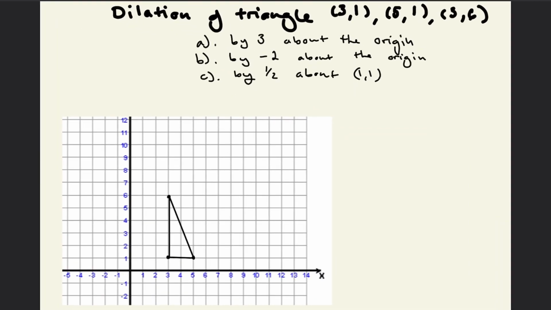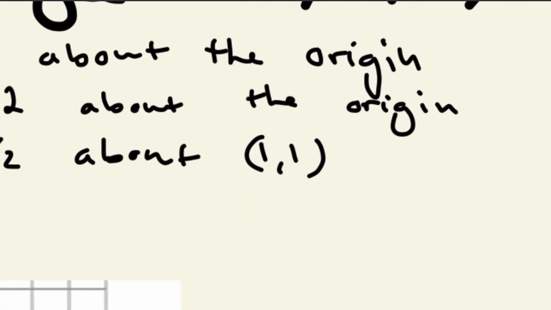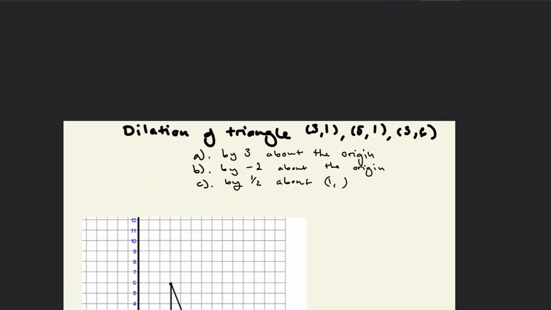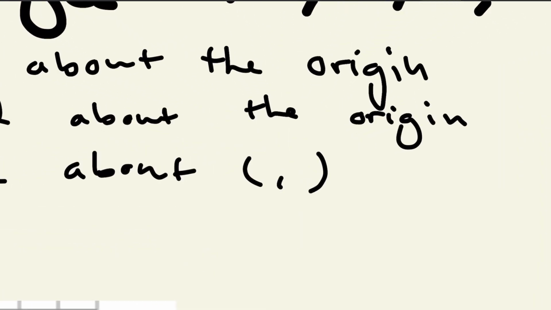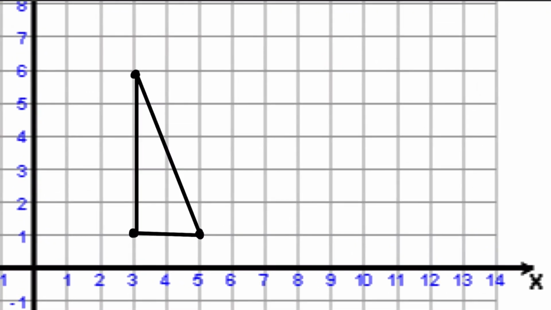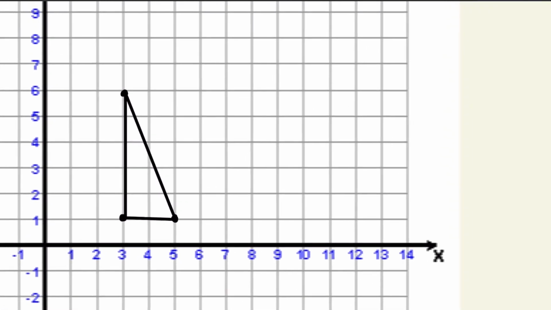And we want to dilate it by the factor of 1/2 about the point (3, 1), and you will see why. I want to do it about a point on the triangle itself. And this point right here, the (3, 1), is going to be an invariant because it does not move. It's not affected by the transformation that we're going to do to it.